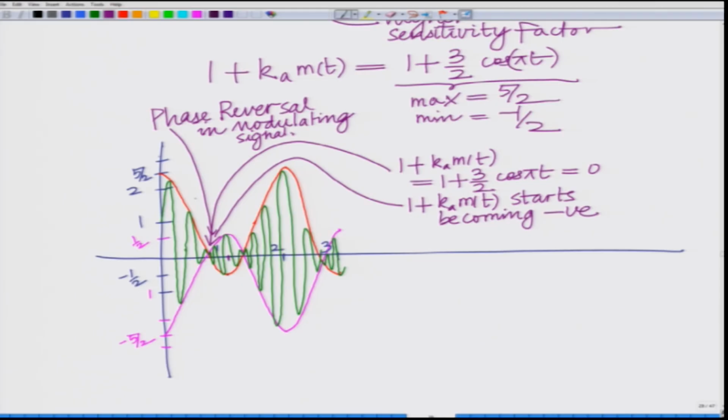And therefore, what you can see, if you track the envelope of this, the envelope is going to be this, correct. Instead of tracking the correct envelope, you are going to track a distorted version of the envelope. So, this leads to envelope distortion.